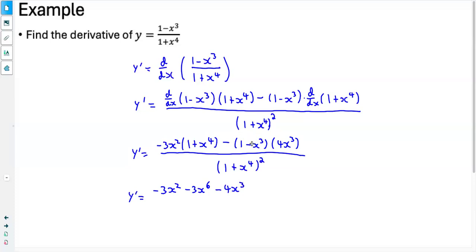And then we have negative x cubed times 4x cubed, so that'd be negative 4x to the 6, but we have this negative in front, so that becomes plus 4x to the power of 6. And that is all over 1 plus x to the power of 4 squared.